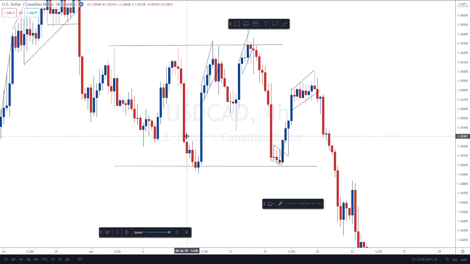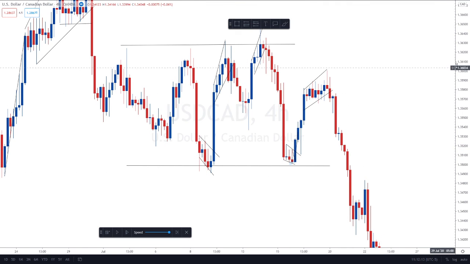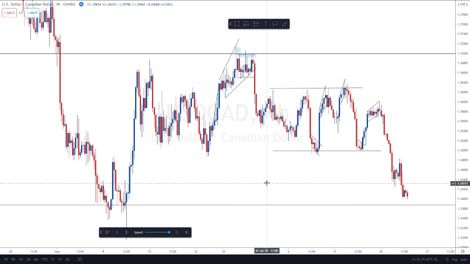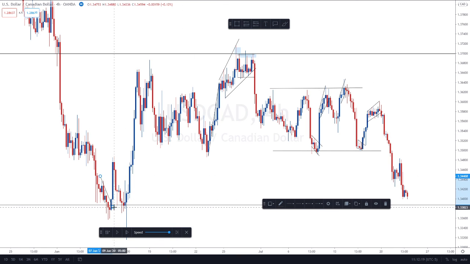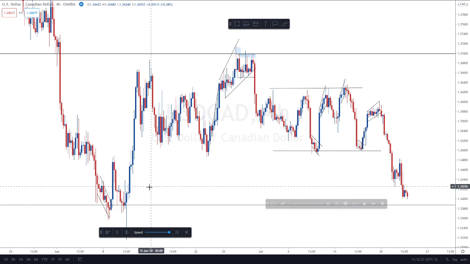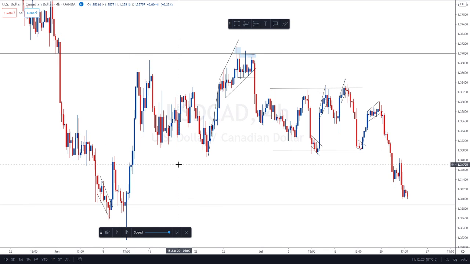Again, I will say do a little bit extra work on this as opposed to the other patterns, because these do happen a lot and these are a very vital pattern, because it will give you that signal to say, hey, stop selling, look for buys, stop buying, start looking for sales. So that's what I'm saying.